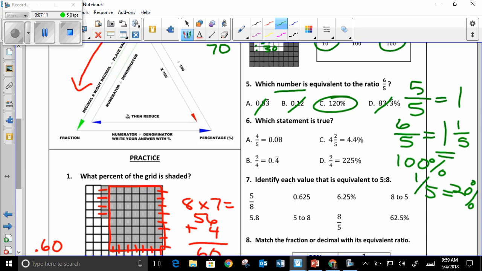Number 6, which statement is true? Well, 4/5 is almost 100%. And that says basically 8%. I don't think that's right. 9/4, well, 4/4 is 100%, and this is 40% repeating, or 44%. I don't think it's that one. 4 2/5 and 9/4. Which one is it? Why is it C?